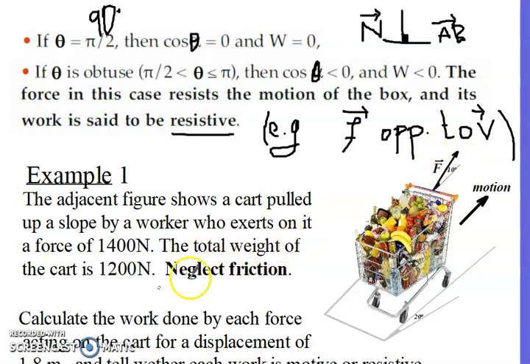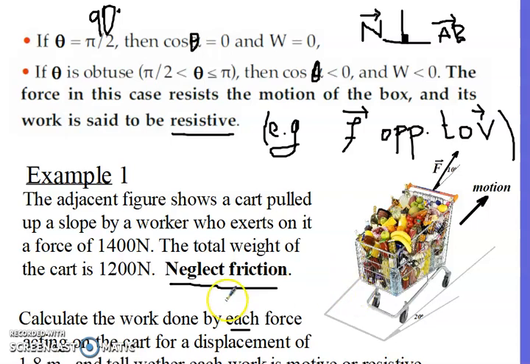The total weight of the cart is 1200 Newton. Neglect friction. Calculate the work done by each force acting on the cart for a displacement of 1.8 meter, and tell whether each work is motive or resistive. Okay?